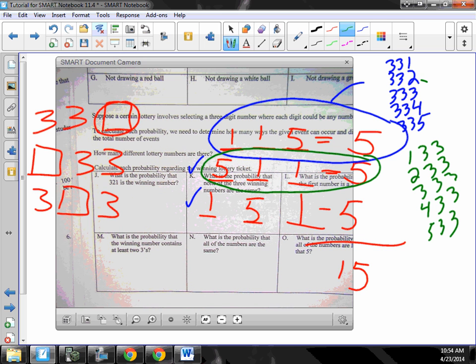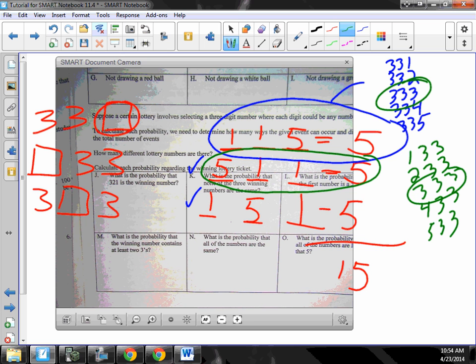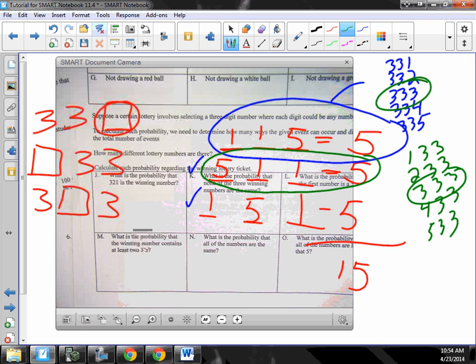I've already used this one. So just because I wrote it down twice, does that mean it exists twice? No. So this number is wrong. It should be a 4 because I've already used 333 in the top version. What about the last row? Would it be 3?